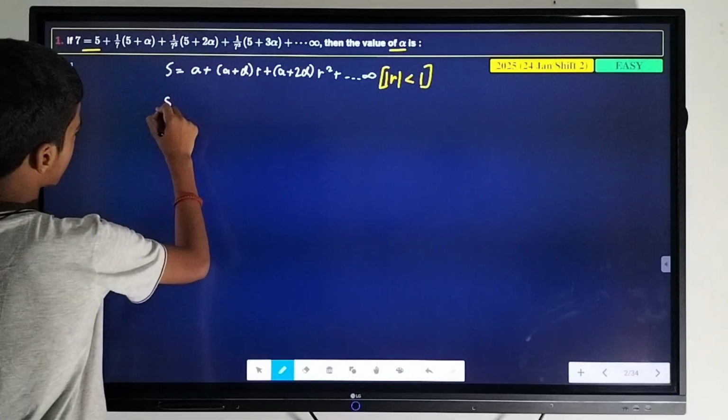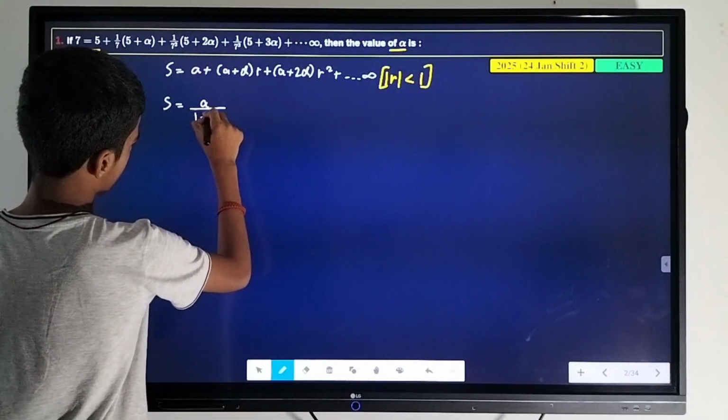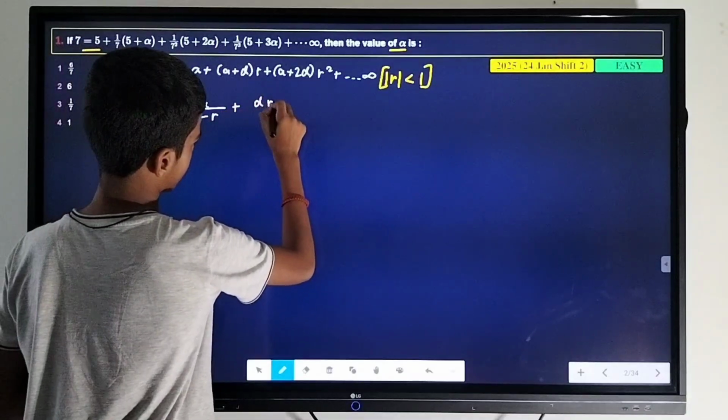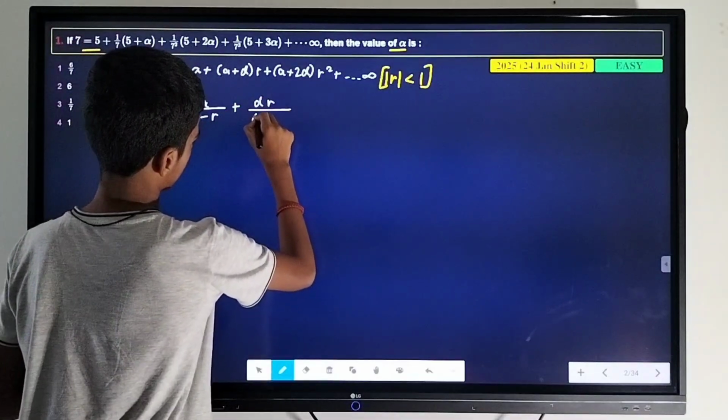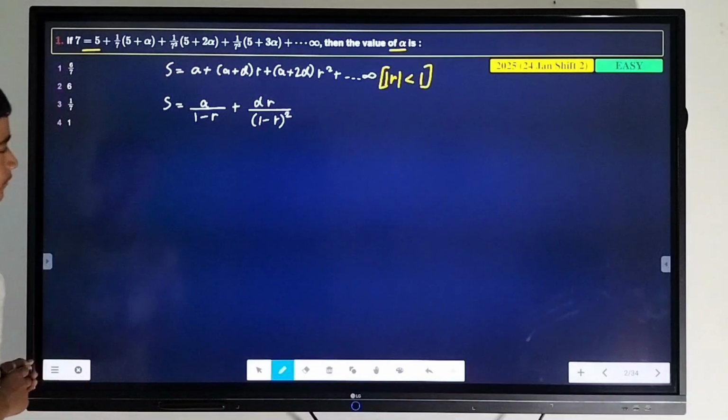So the formula is S is equal to A upon 1 minus R plus D into R upon 1 minus R whole square.